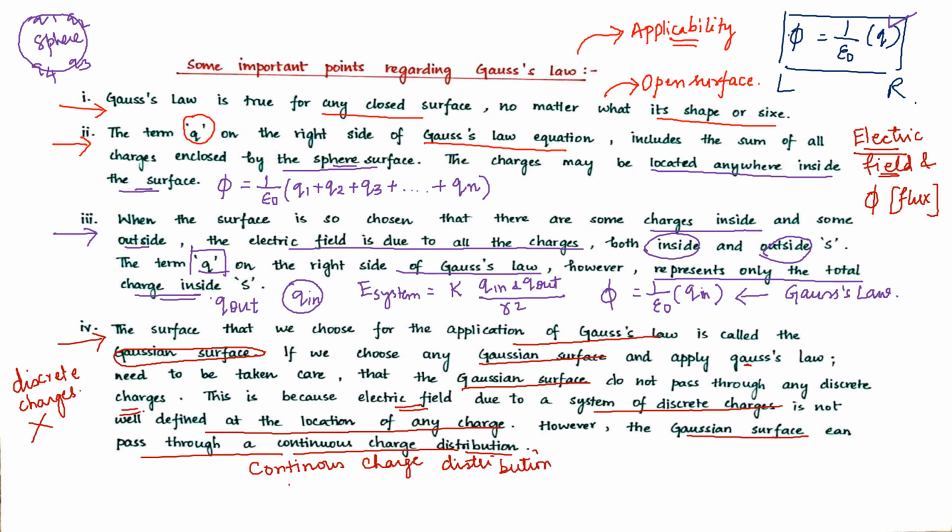The reason for it, as they have given us, is that the electric field due to discrete charges is not well defined at the location of any charge. These discrete charges are not defined properly at any location, like their position is not certain. They have electric fields which are disoriented.